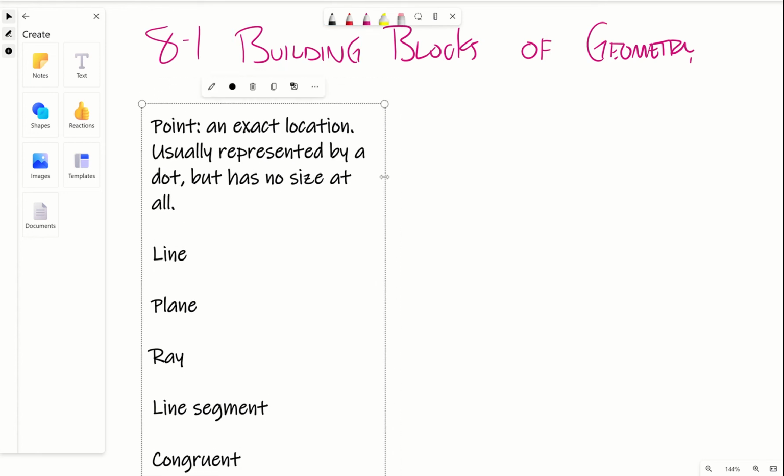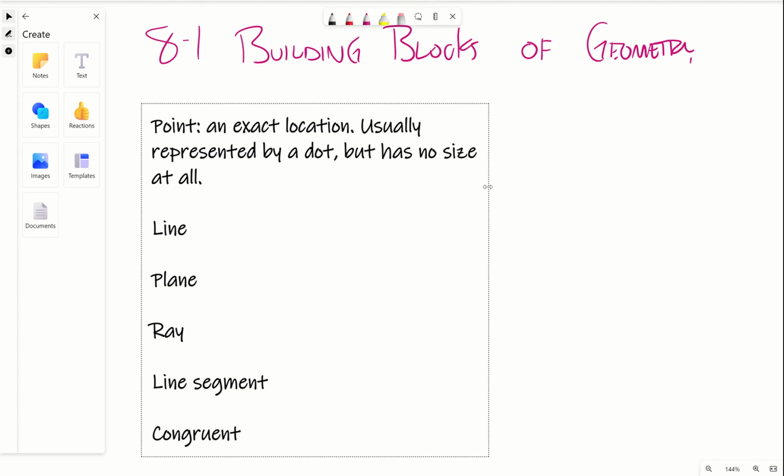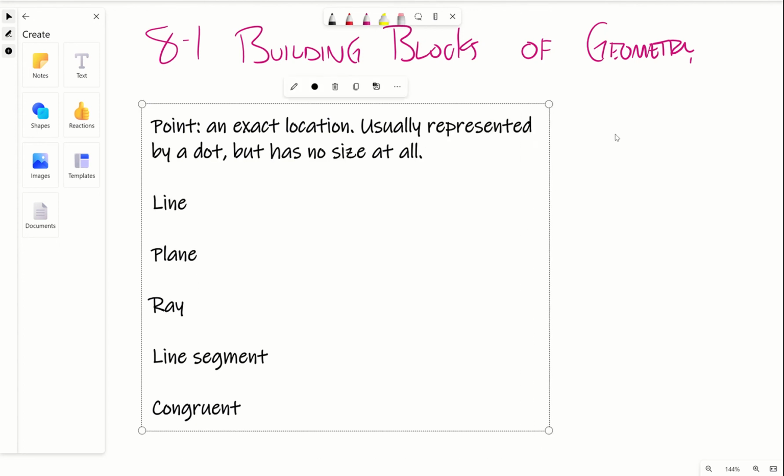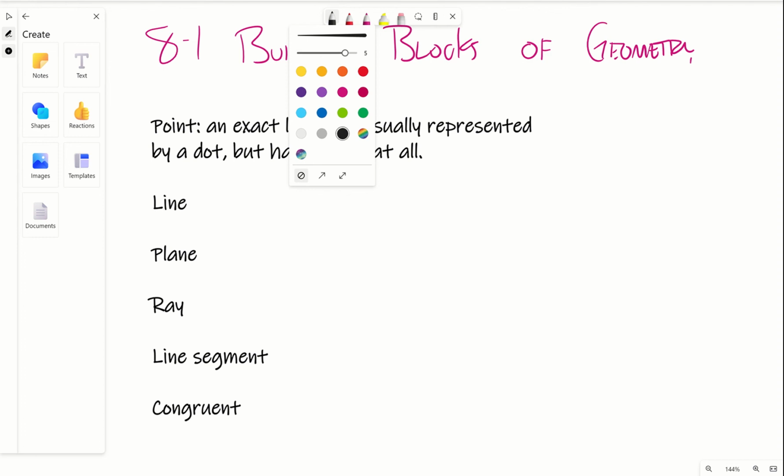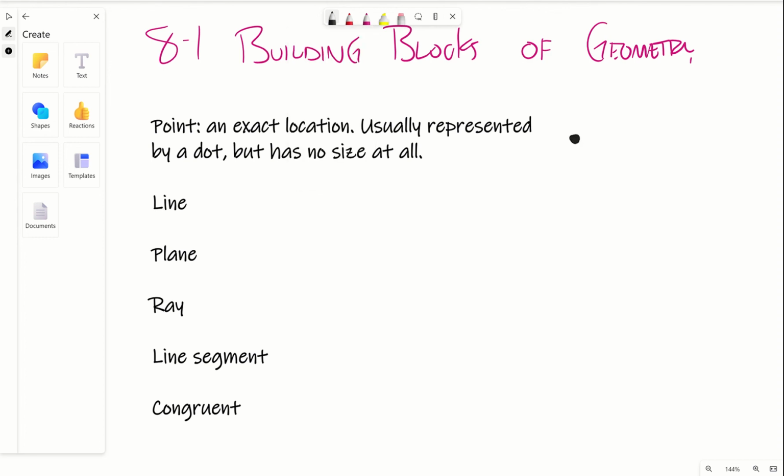It's somewhere very specific in the world or in life, or for us, it's going to be on our planes. But it is usually represented by a dot, but in reality, it has no value to it. So if I had a point, it would look something like that, and we would name this point A. And so that's the way we write a point, by putting it like this and calling it point A.